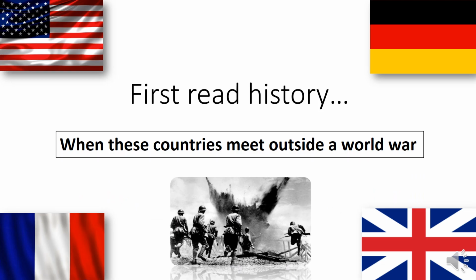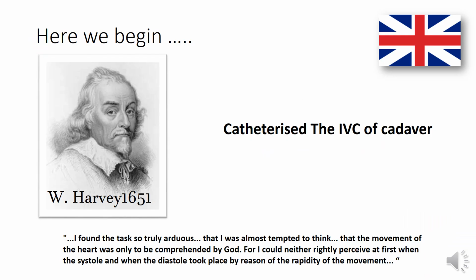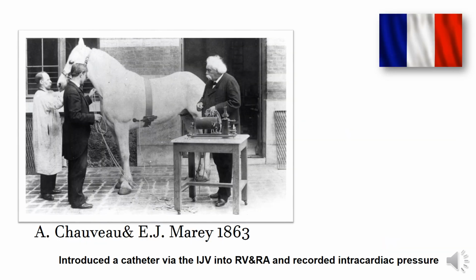First, we will start with a brief history of the evolution of nowadays coronary angiography. This actually goes back to 1651 by Dr. William Harvey, who tried to catheterize the inferior vena cava of a cadaver during his experiments to understand the circulatory system.